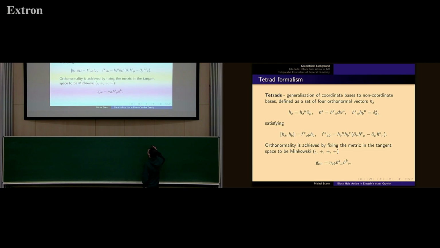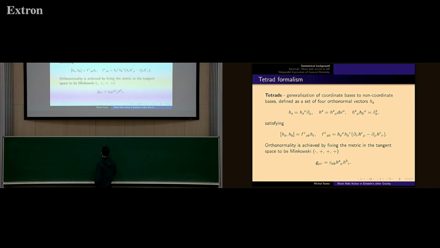Well, okay, so on account of orthonormality, this is achieved by fixing the metric in the tangent space to be Minkowski, in Cartesian coordinates given in terms of this mostly plus convention. What it does is allow us to write the space-time metric g_{μν} in terms of the tetrad fields, and this presents us with a one-to-one correspondence.